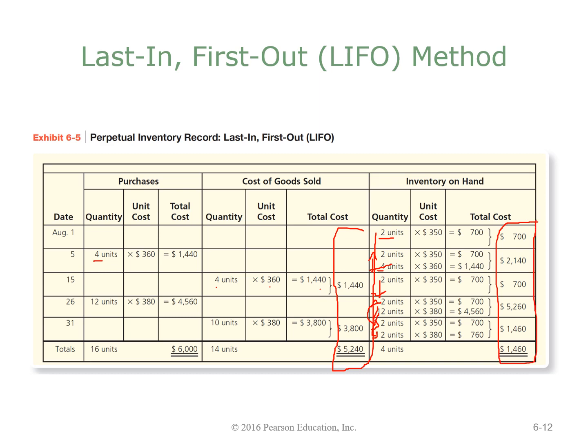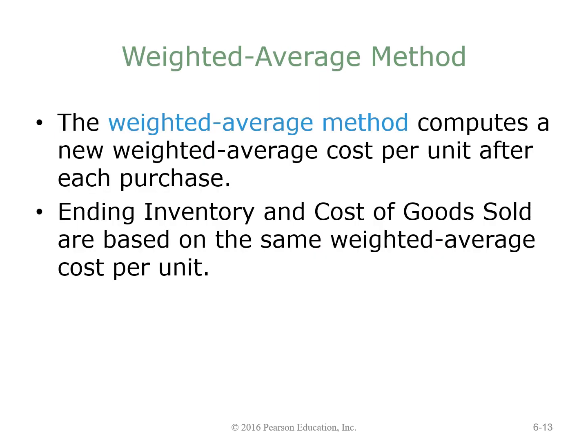The last method is the weighted average method, which computes a new weighted average cost per unit after each purchase. I don't want to sell from the new products or the old products; I would like to make a weighted average because my units are homogeneous, like pencils, which means all of the units are the same.